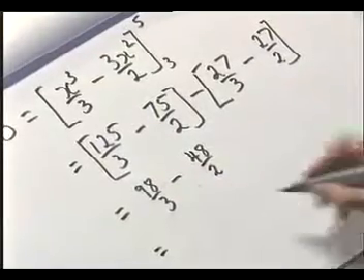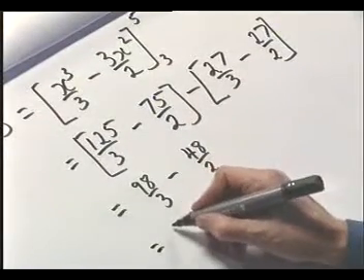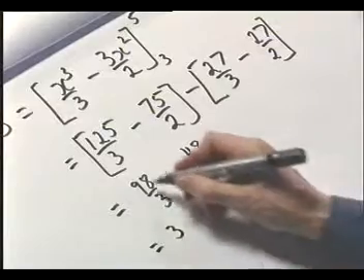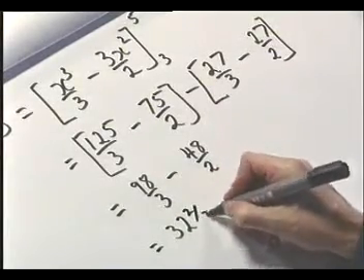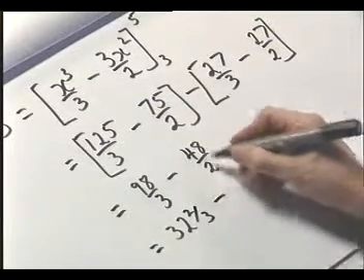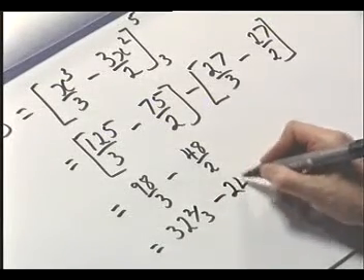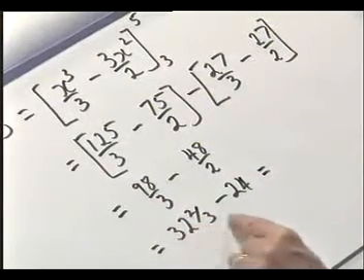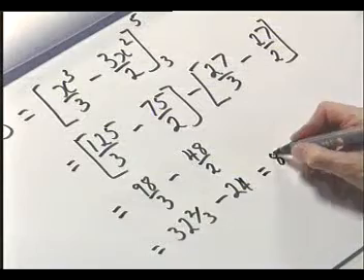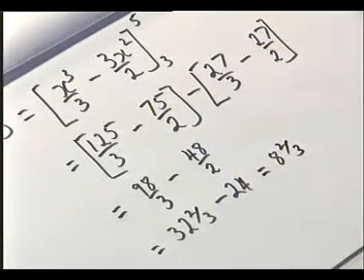So if you divide by 3 there, 3's into 9 goes 3, and 3's into 8 goes 2, and there are 2 overs, so that's 32 and 2/3, minus 2's into 48 goes 24. So the area B is 32 and 2/3 minus 24, that's 8 and 2/3.